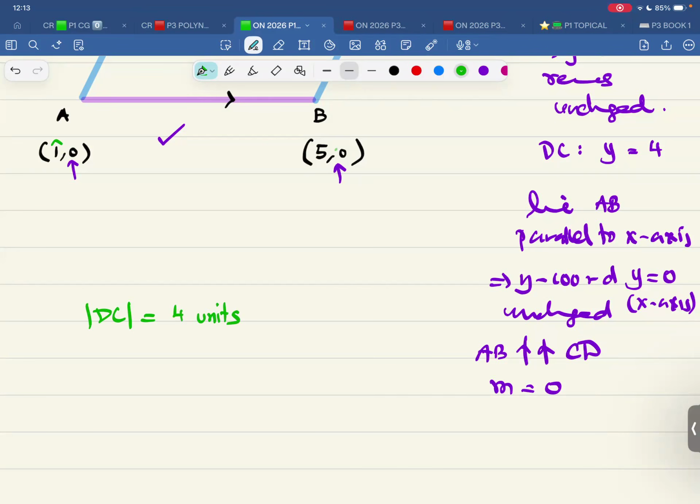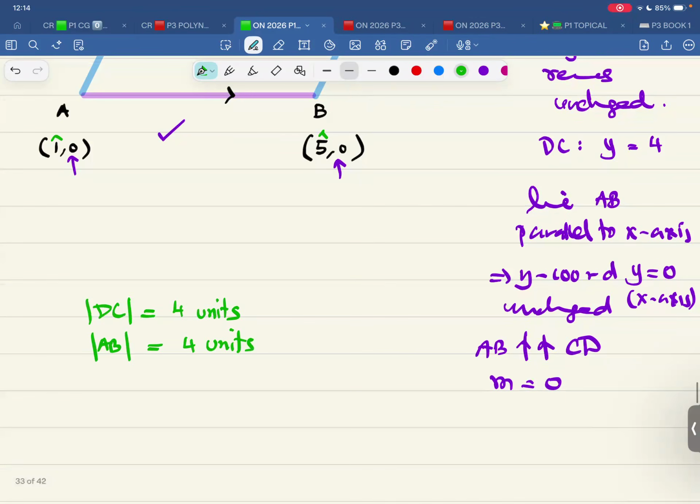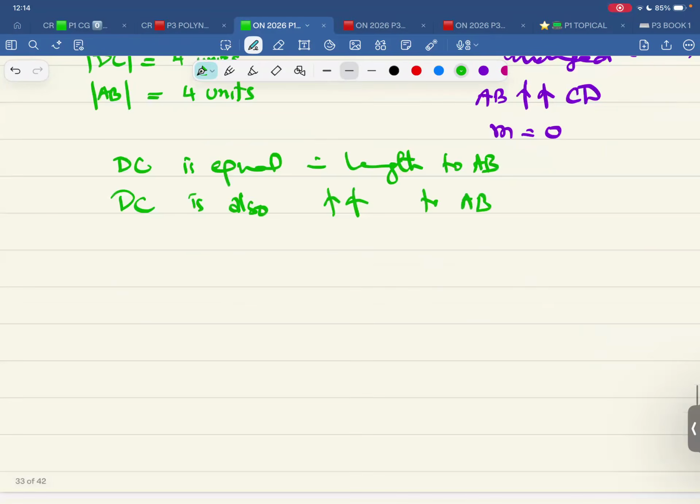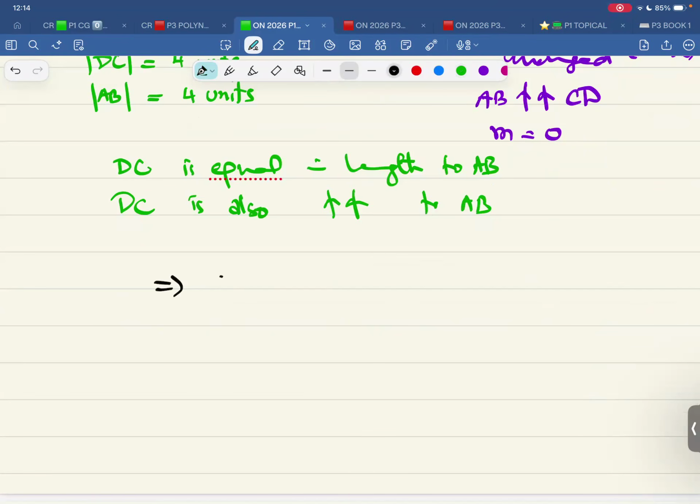Similarly, this is 1, this is 5. Therefore, AB also has a magnitude of 4 units. So not only is DC equal in length to AB, DC is also parallel to AB. Therefore, this shape over here, it's a parallelogram.